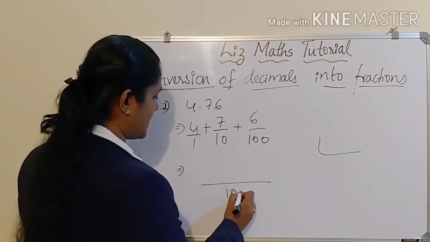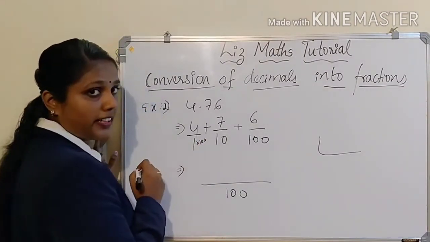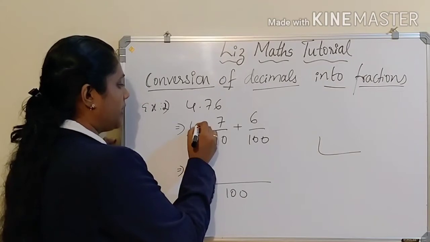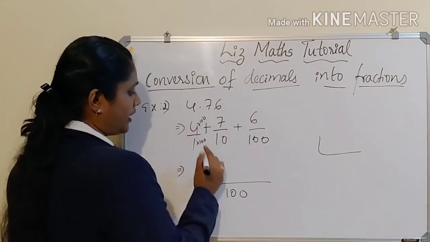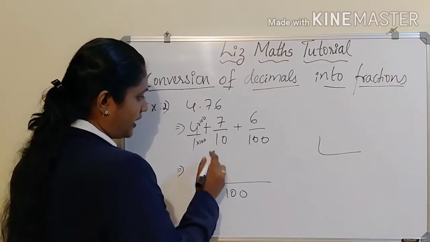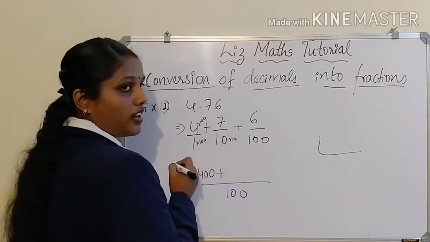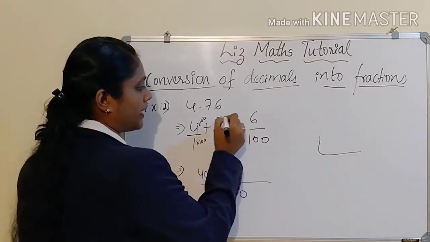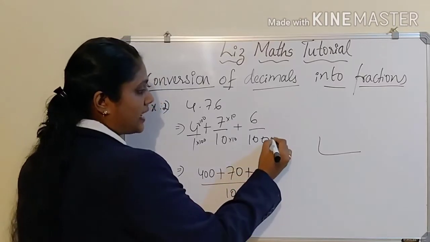So here 100 is the LCM. So when you multiply 1 into 100, you are getting 100. Am I right? So the same number 100 you have to multiply to the numerator. So 4 into 100 you are getting 400, plus 10, how much? 10 tens are 100. So here you have to multiply with 10. 7 into 10, 70, plus 100 ones are 100.